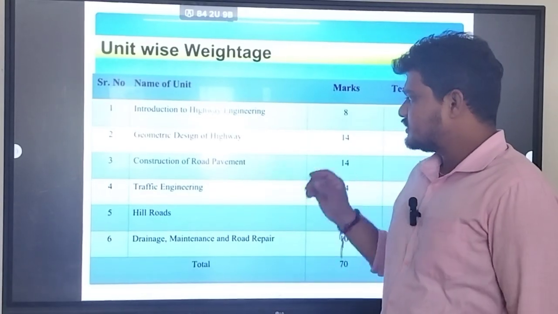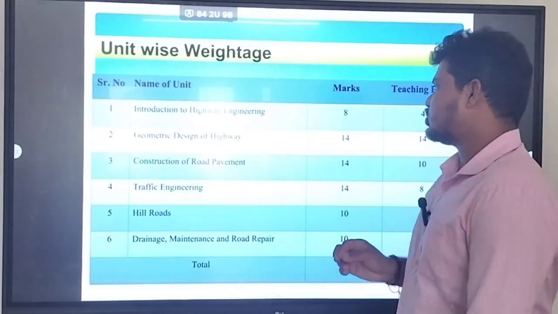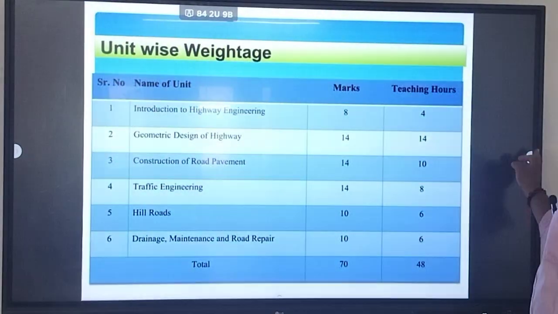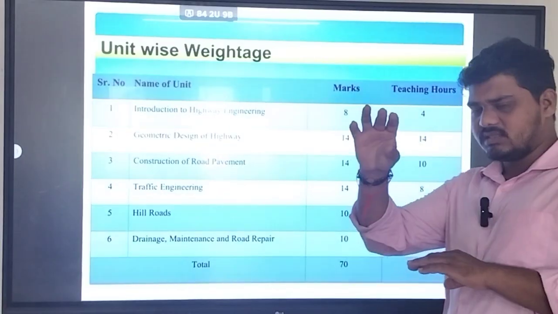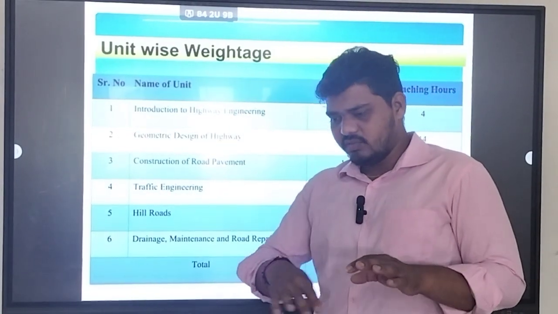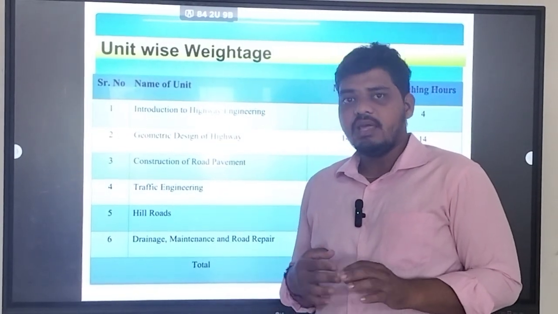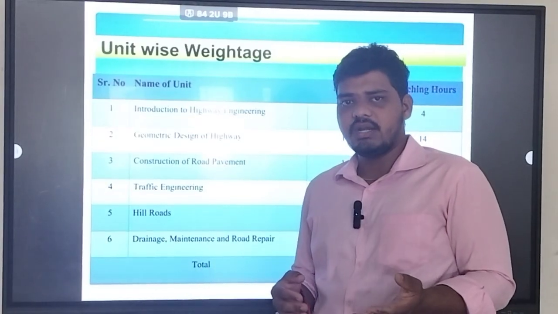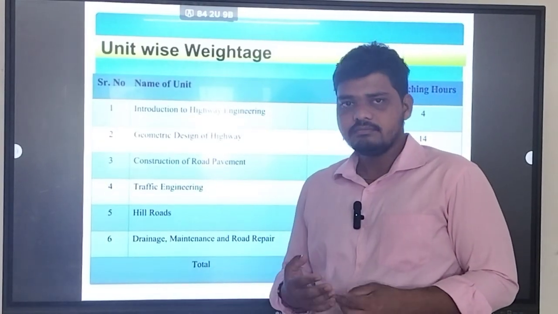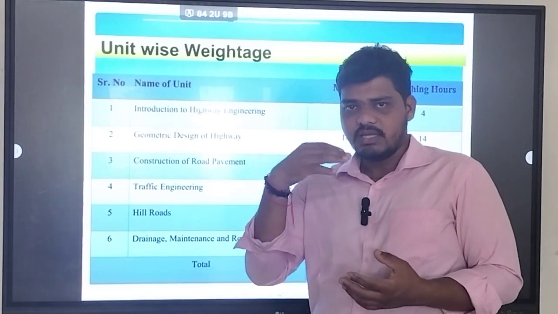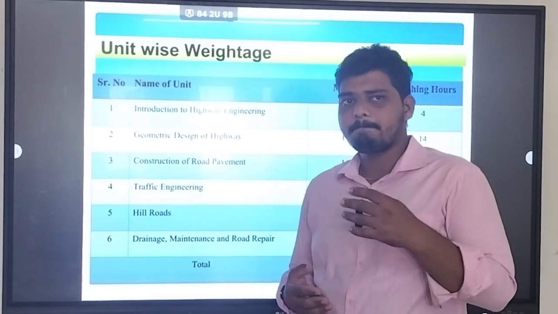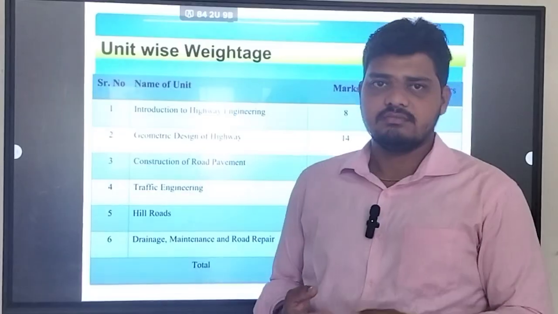First one is rigid pavement construction. Basically, the road consists of different types of layers. First, the ground bottom layer is embankment. After that, subgrade. After that, subbase. Then base. Then slab.